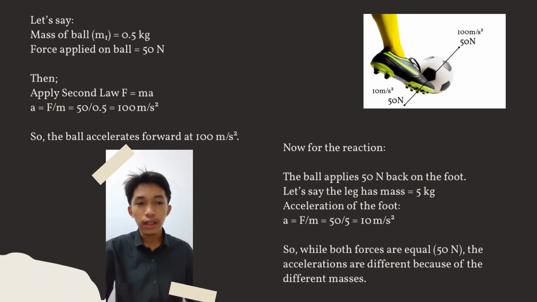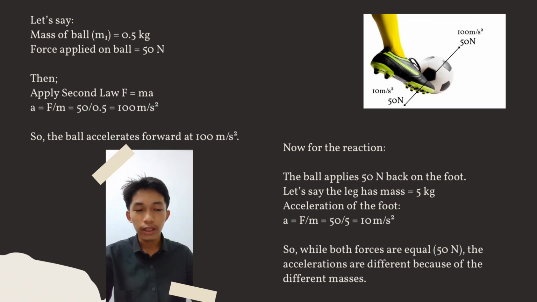First, we use Newton's second law, which is F is equal to ma, and we rearrange the formula to make the acceleration at the front, and we get a is equal to F over m.